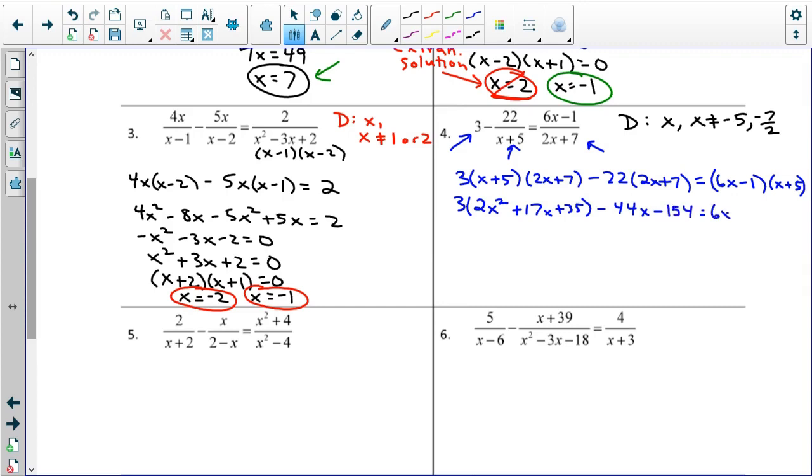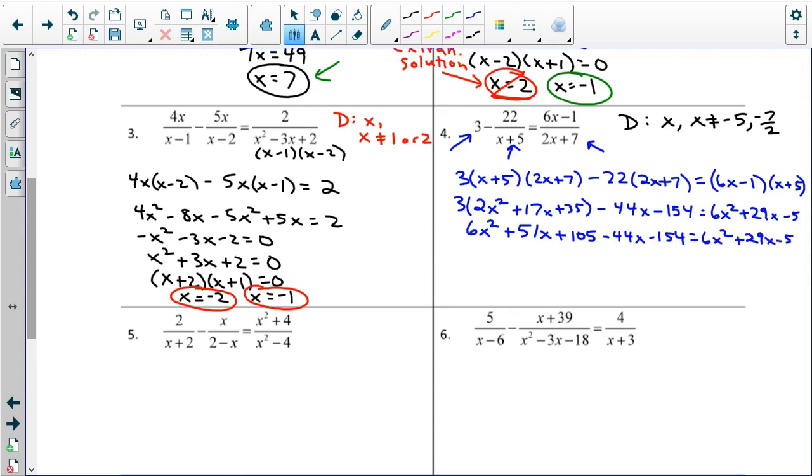And this ends up being 6x squared plus 29x minus 5. Now I want to combine like terms if I can. Well, first I'll distribute this 3. So 6x squared plus 51x plus 105 minus 44x minus 154 equals 6x squared plus 29x minus 5.